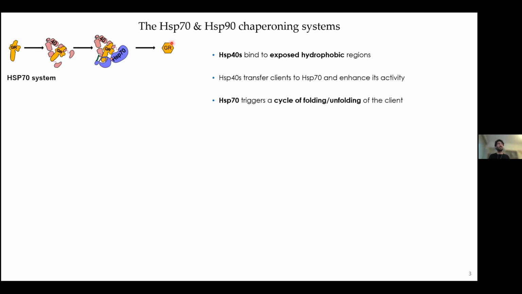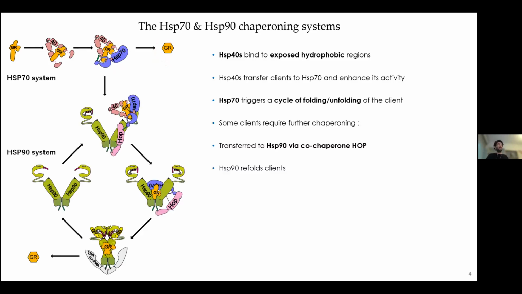For some clients, this function is enough to bring them to their folded and active state. But for many stringent proteins, we also need the assistance of Hsp90. Hsp90 is a separate system, and it does not interact with either Hsp70 or Hsp40.